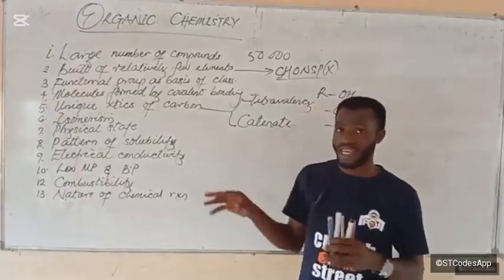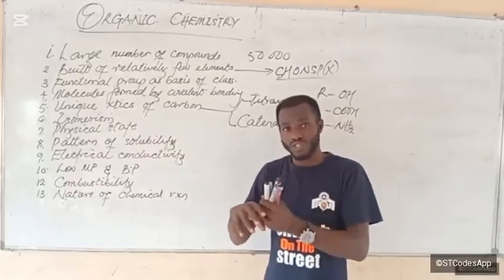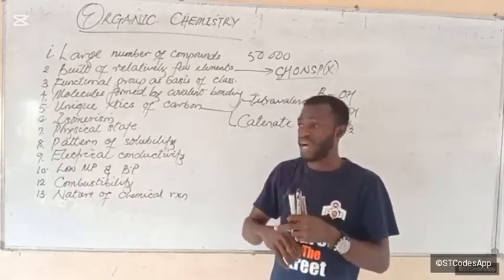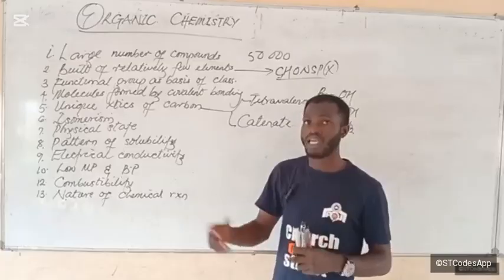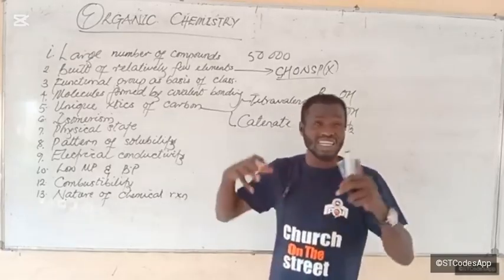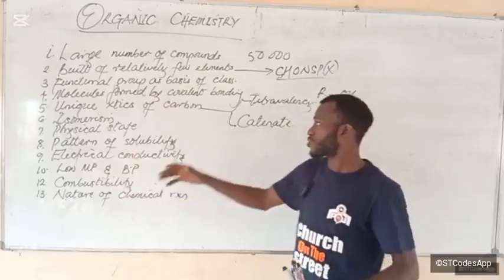First, what is catenation? It is the ability of carbon to form straight chain, branched chain, or ring structures with itself and other atoms, and these usually range from small to gigantic molecules.